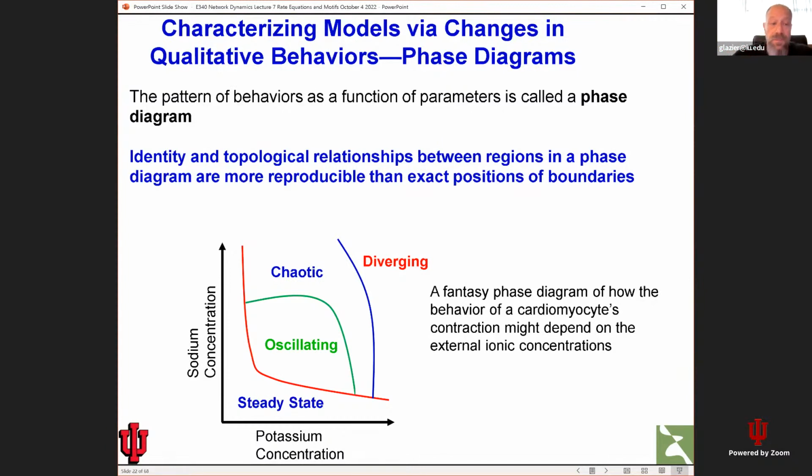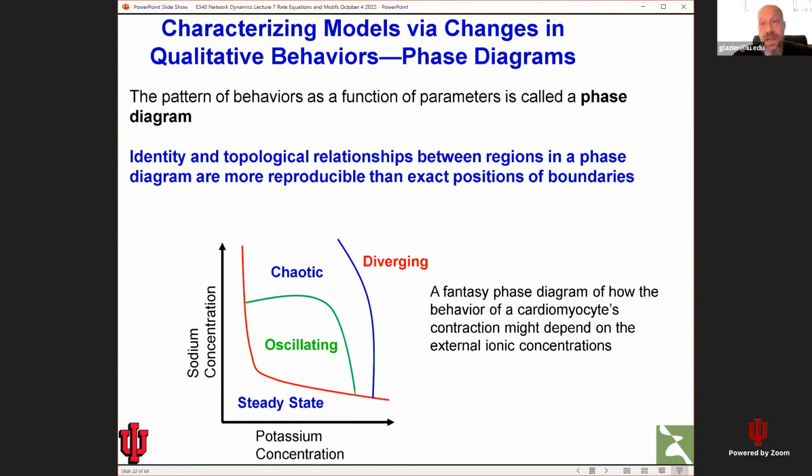If we keep the potassium concentration intermediate, but increase the sodium concentration too much, we get chaotic oscillation. And if we make our potassium level too high, the system diverges and our cell dies. And so this, as a fantasy diagram, here it's about a cardiomyocyte, sorry, not about a neuron, about how the behavior of that muscle cell might depend on ionic concentration.